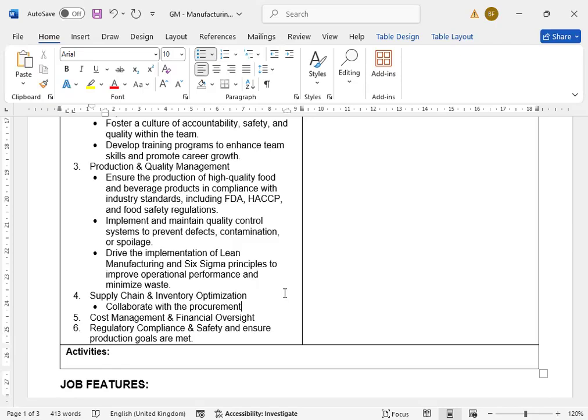Especially if the company is importing raw materials from abroad, that's big money, because they try to maintain a 3 months, or 90 days, inventory.